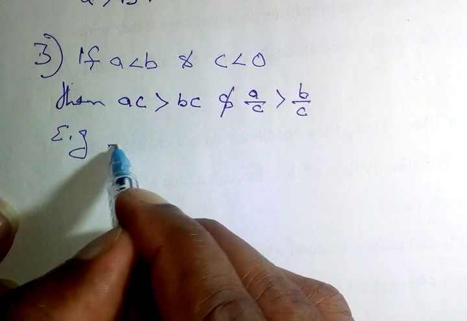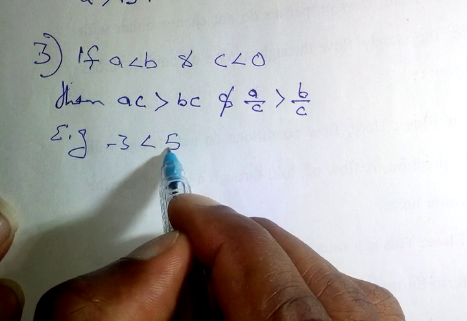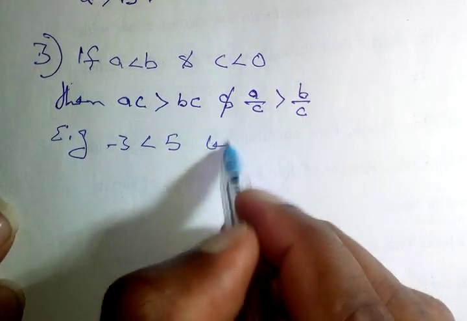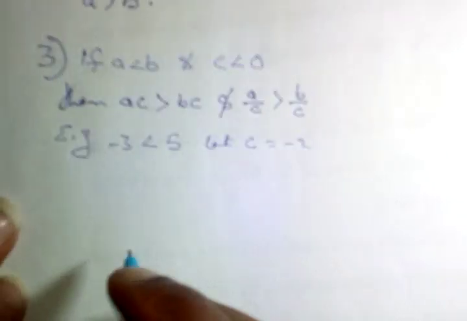Let's look at some examples. Again, our number negative 3 is less than 5. Let C equal negative 2.